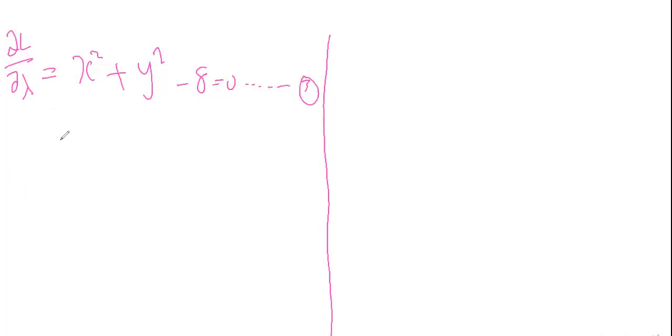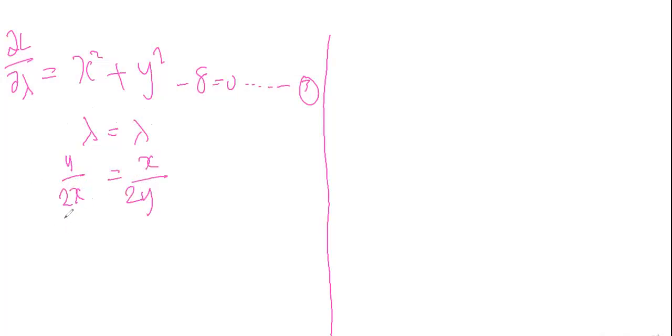Yeah. So the next step is what? Equate lambda is equal to lambda. The lambda in equation 1 is equal to lambda in equation 2. And that will be y all over 2x is equal to x all over 2y.